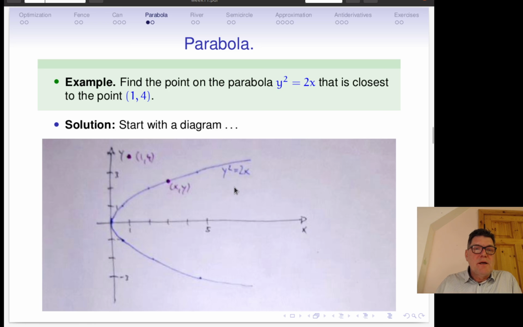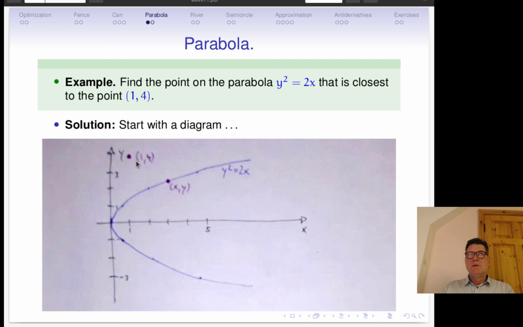So the blue line here is the parabola y squared equals 2x, and on that line I've marked a particular point with coordinates (x, y), and there's the point (1, 4), and the question is find on the parabola the point that is closest to (1, 4).